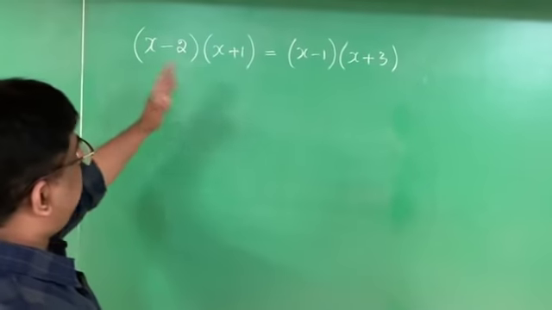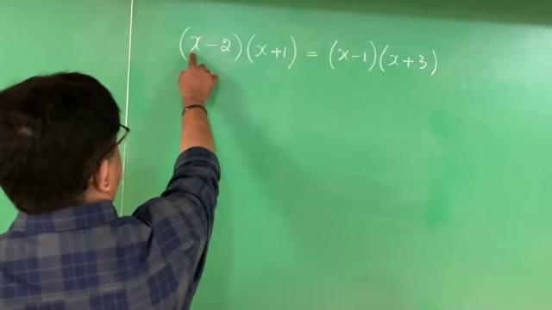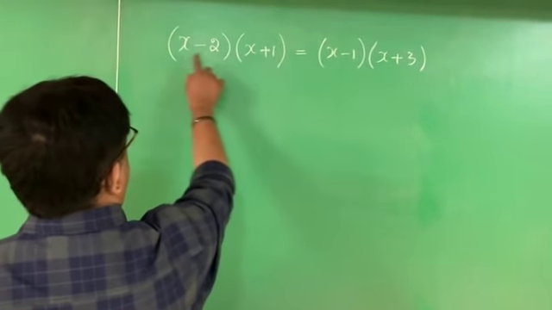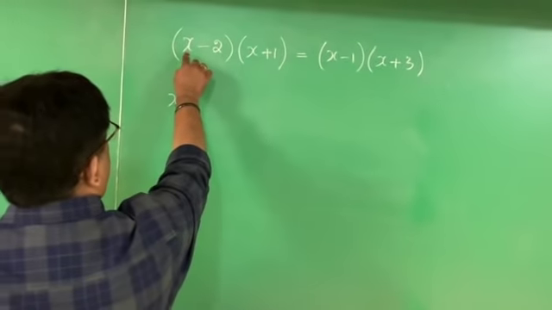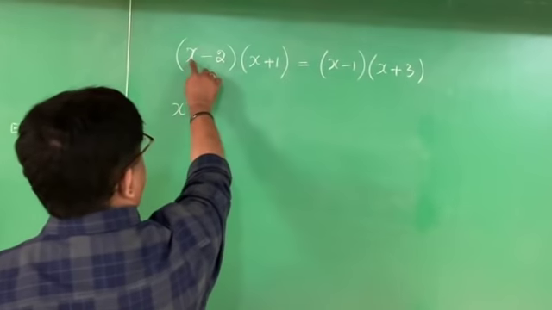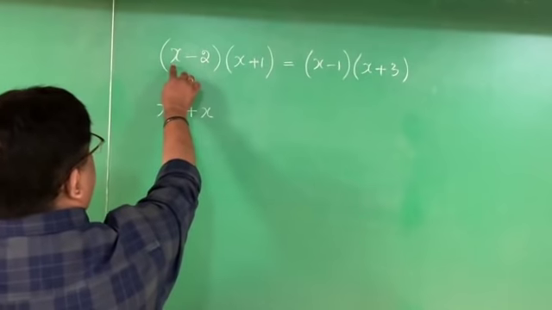Now we have to multiply, binomial multiplication. First term is x, here the first term is x. x into x is x². x into plus 1 is plus x. I completed both multiplications with the first term.